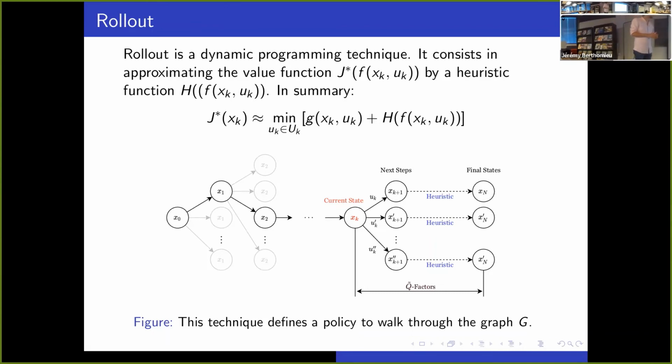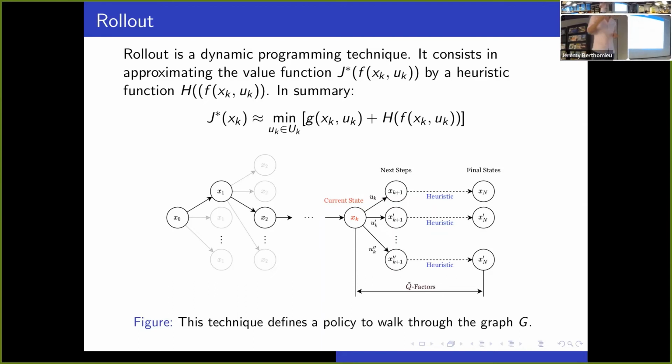So it's the same reasoning: you are in the current state and you want to minimize, but with a heuristic. The heuristic is very similar to the value function. It's the same idea, but instead of the value function of the next step, you take the heuristic of the next step.